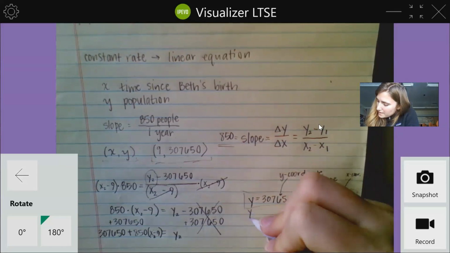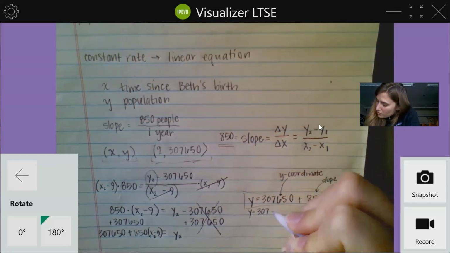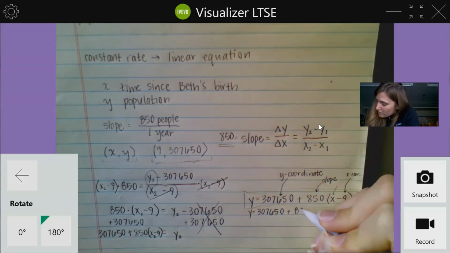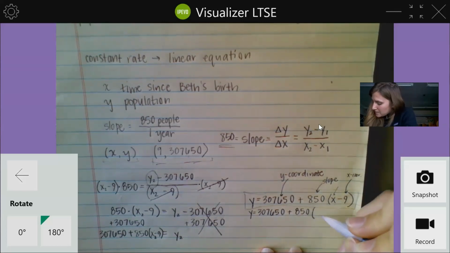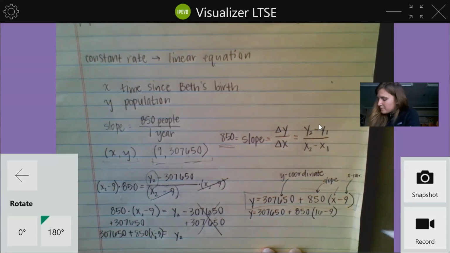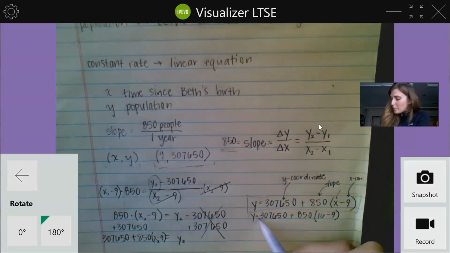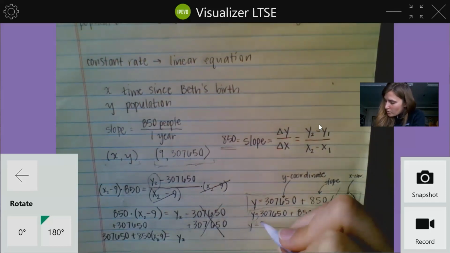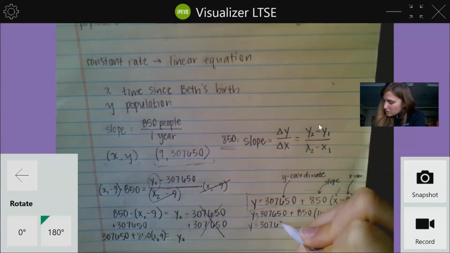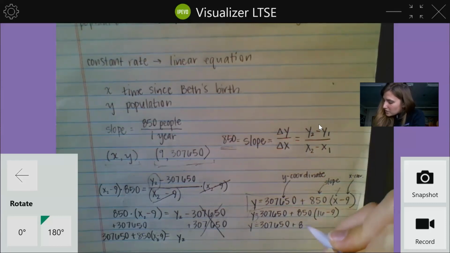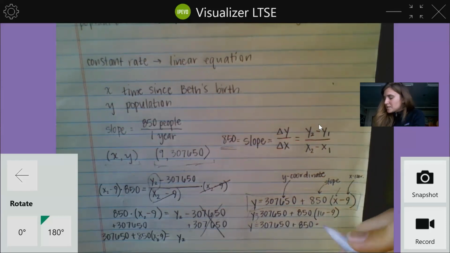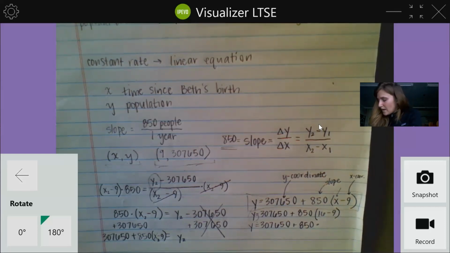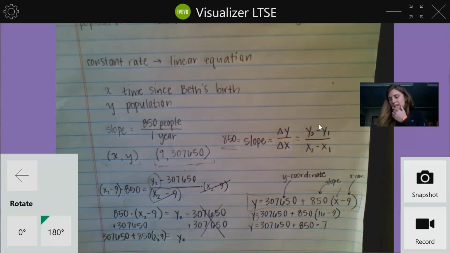So I get y equals 307,650 plus 850 times 16 minus 9. So y, which remember is our population, is equal to 307,650 plus 850 times 16 minus 9, which is 7, right?